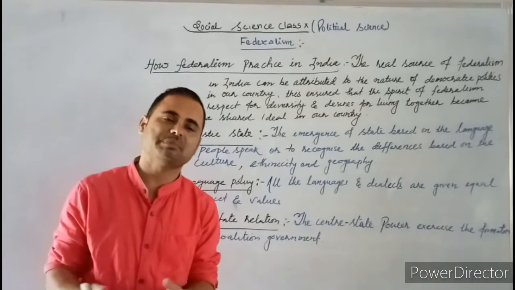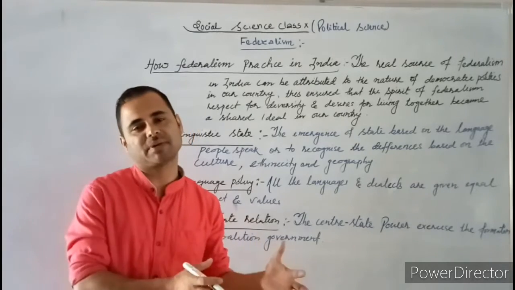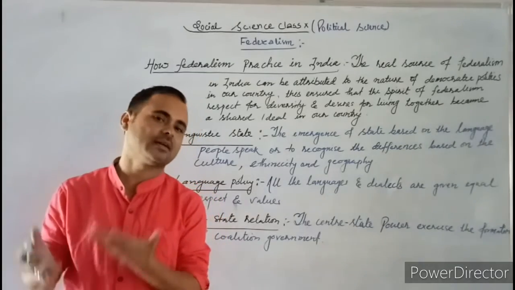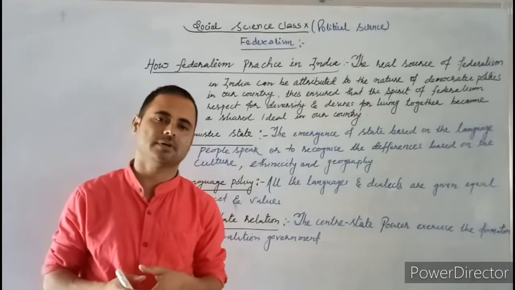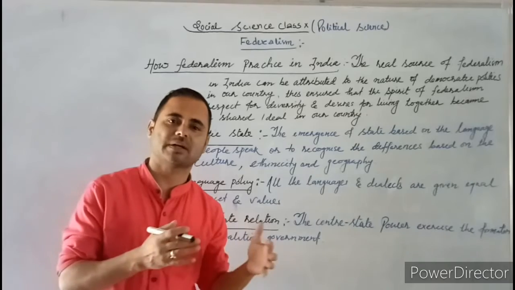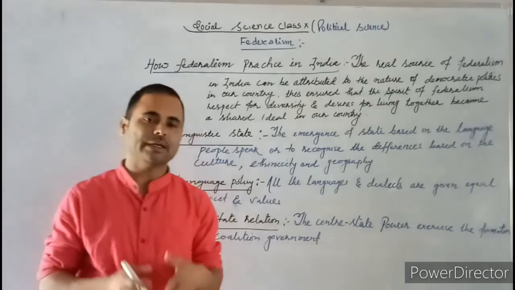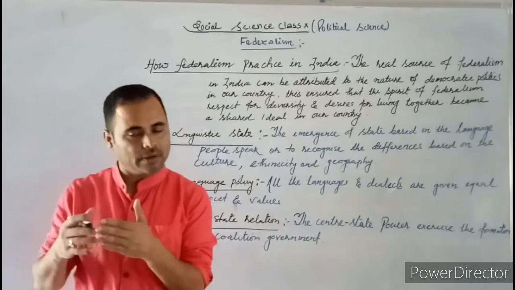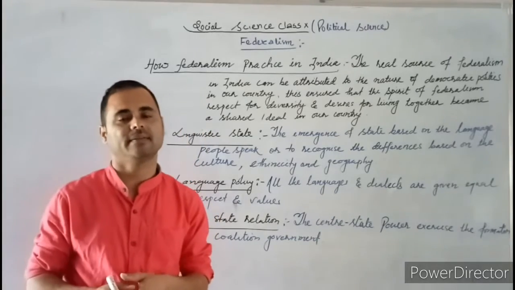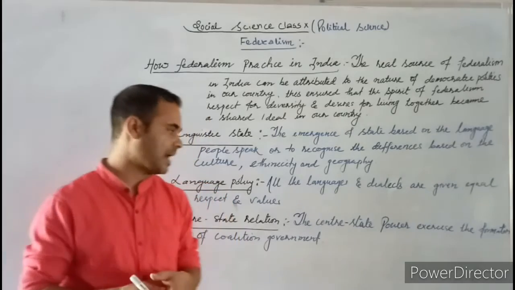The question paper you find in your examinations comprises both Hindi and English. If you go to some states, they use their mother tongue. In a state like Assam, you will find the question paper comes in both Assamese and English. So this is how in our country every language and every dialect is given equal respect and value. This is how federalism is practiced.